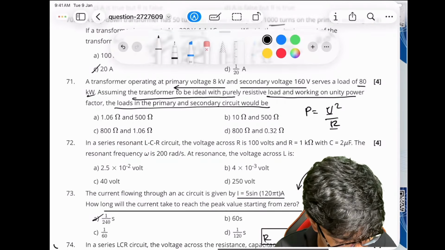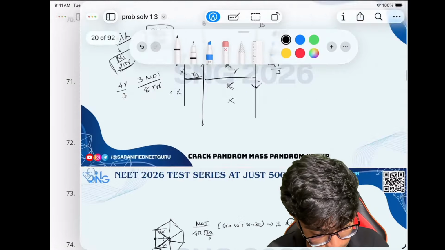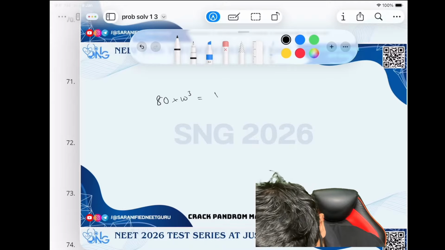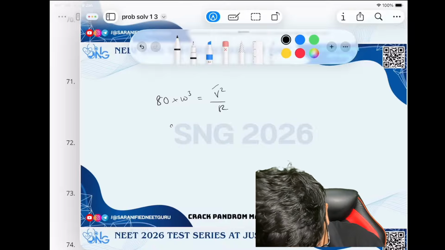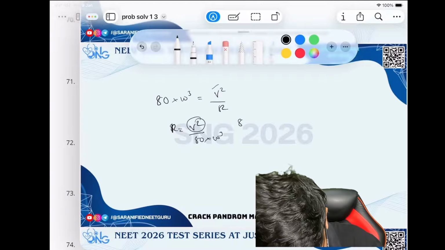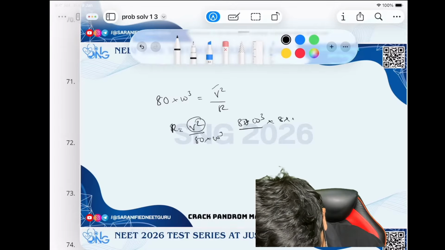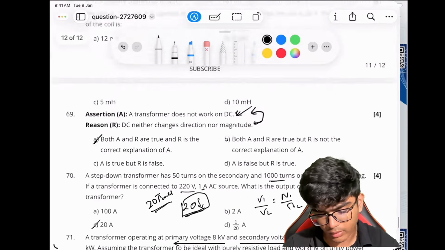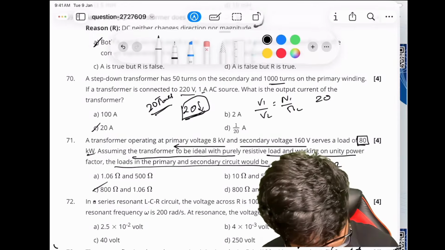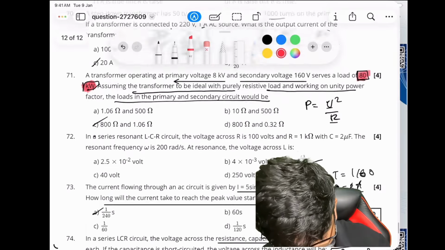The power delivered is 80 kilowatts and is constant, so 80 into 10 power 3 is equal to V square by R. R is equal to V square by 80 into 10 power 3. In one case it's 8 kilovolts, so 8 into 10 power 3 into 8 into 10 power 3. If we solve, you'll get 1.06 ohms. Very simple. Power is constant at 80 kilowatts. This is important here.